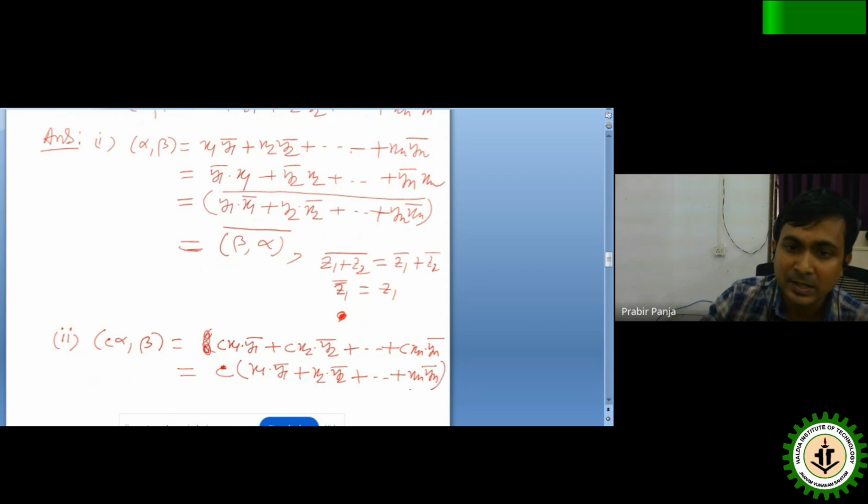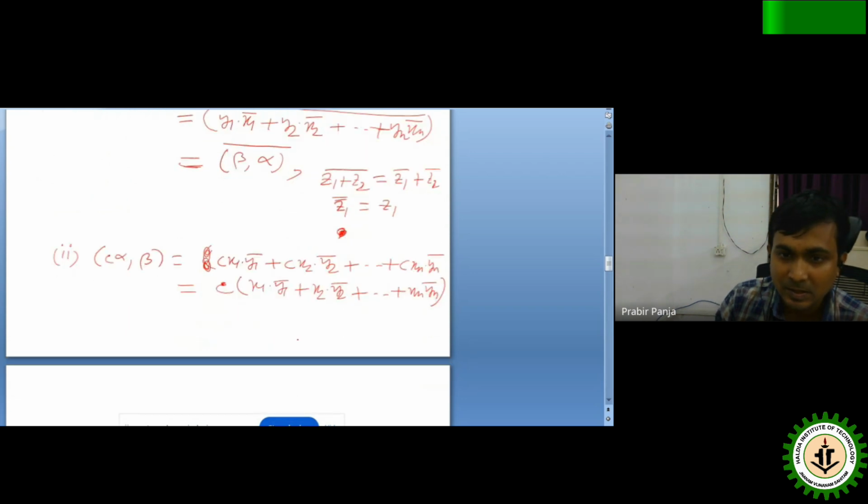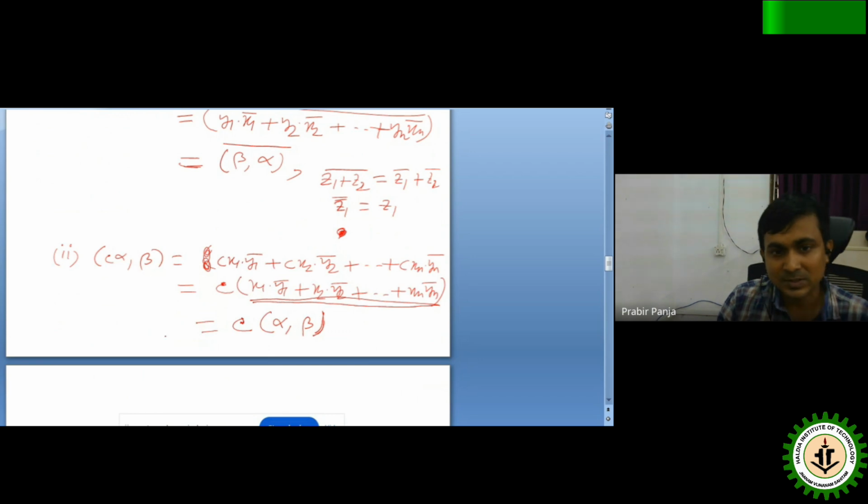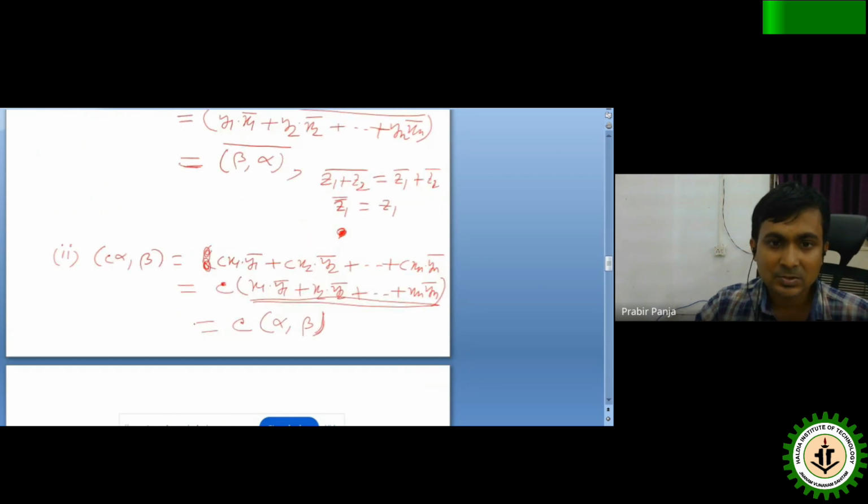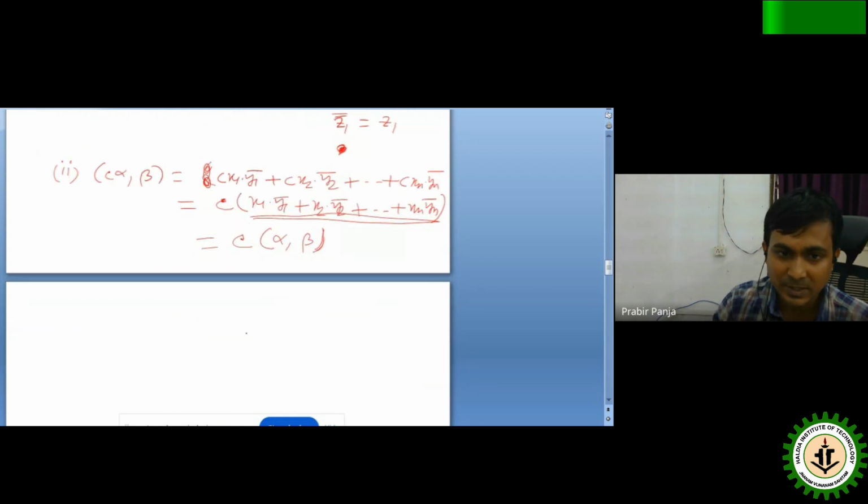The expression within the bracket is nothing but the inner product between alpha and beta. So we can say that the inner product between C alpha and beta is C into alpha beta. So condition 2 is also satisfied.